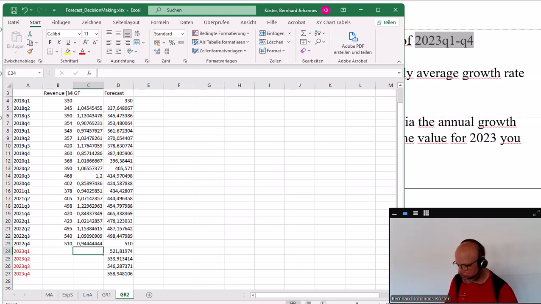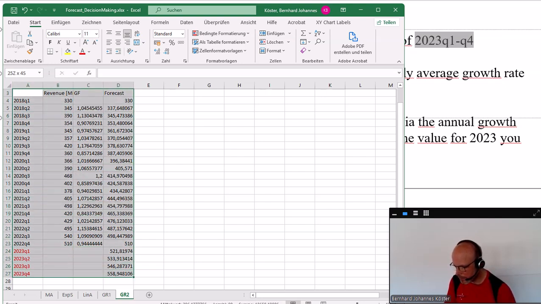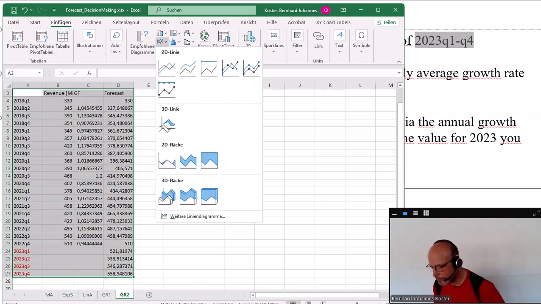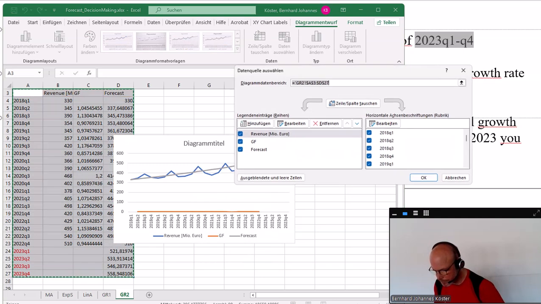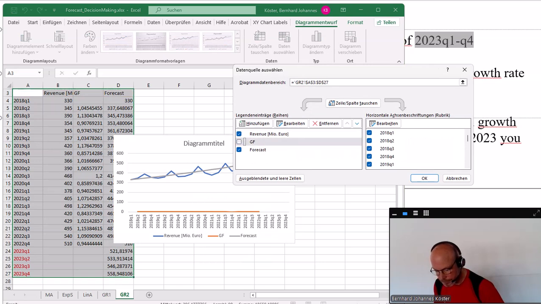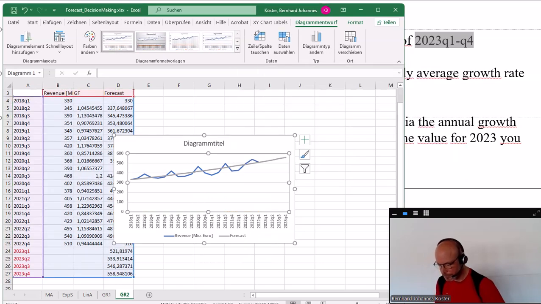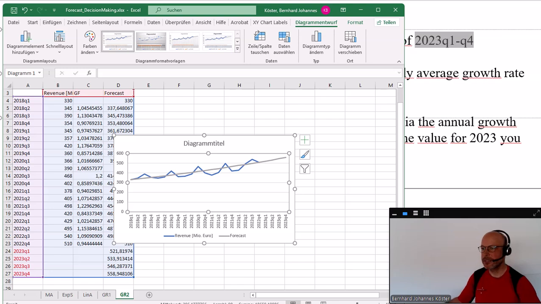And this would be then our forecast. Let's have a look how it looks. And then, of course, you see that this is really then a smoothing because you have only a constant growth rate per quarter.